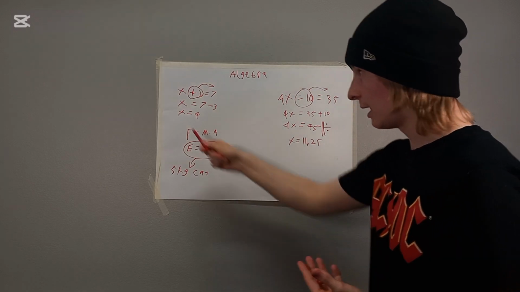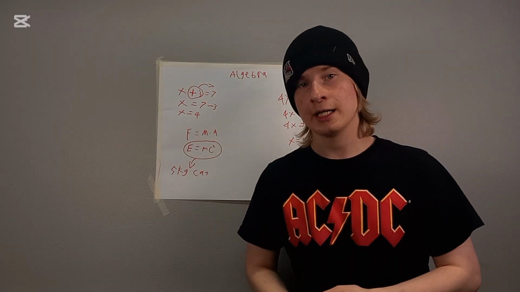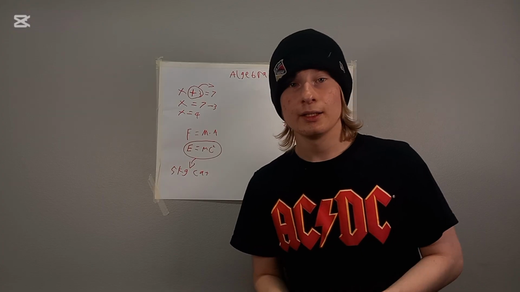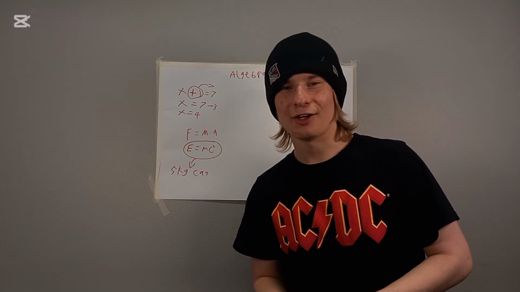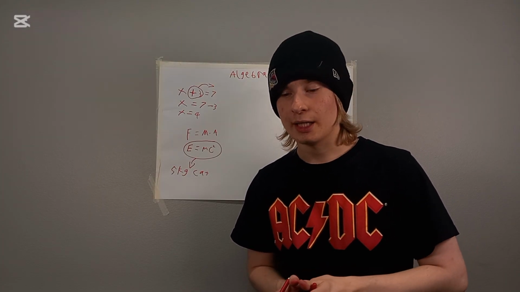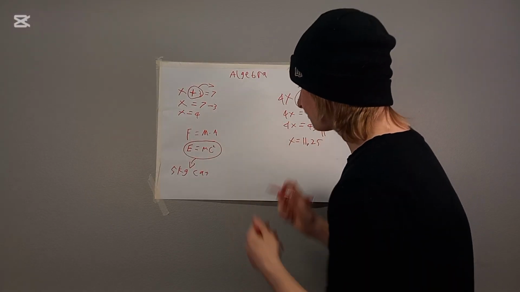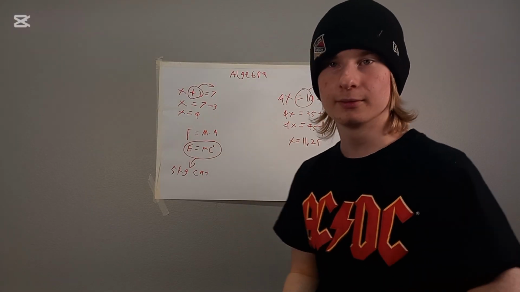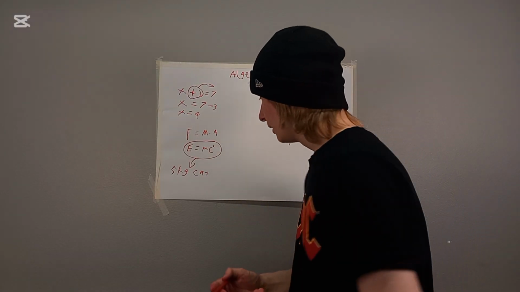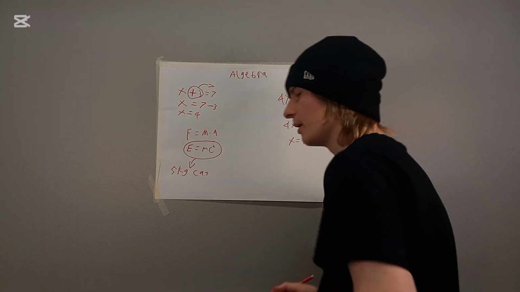Like I said, x or any other letter like y, k, a, b, c, d, all of them represent the unknown, and this is mostly just used for counting, just math, okay? So I'm going to be back in a bit to give you more knowledge.